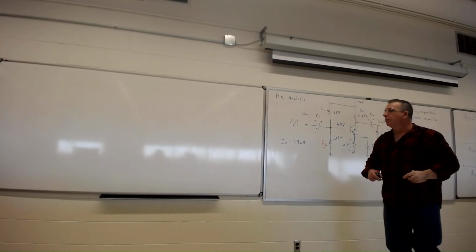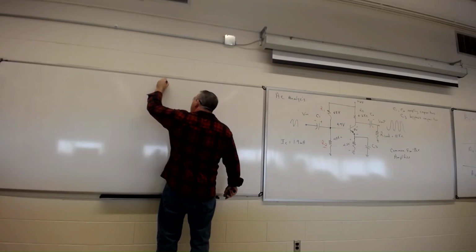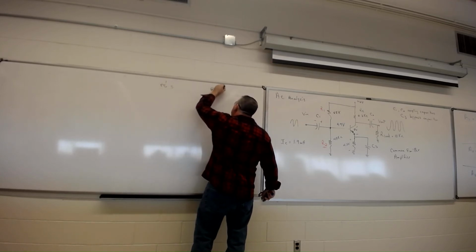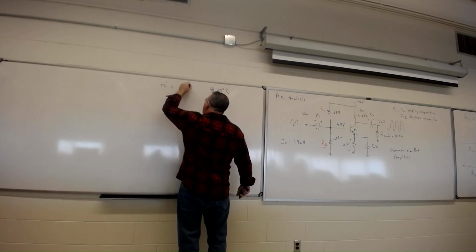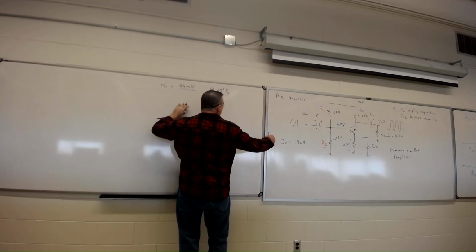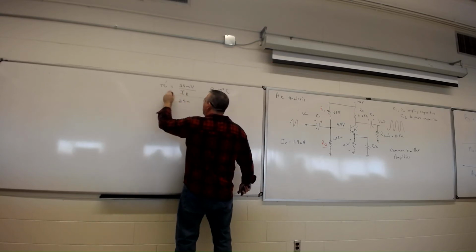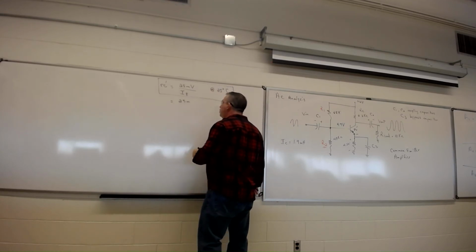We haven't spoken about it, but anyway, r prime e at 25 degrees Celsius is going to be equal to 25 millivolts divided by IE. This is a given, and it's a little formula you can put in your notes, your cheat sheet.